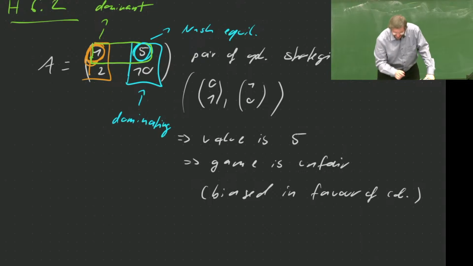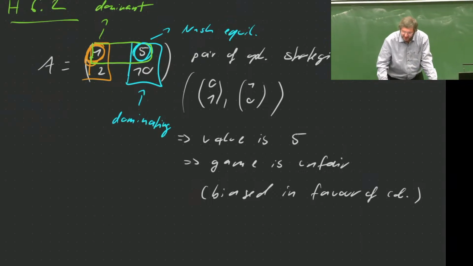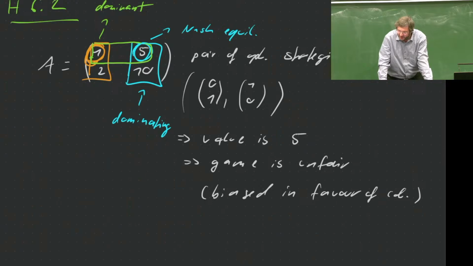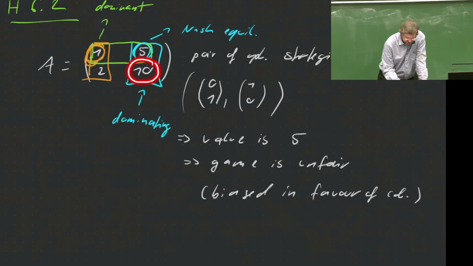One more question I'd like to answer. Could you explain why the column player doesn't choose 1, 2? So why would the column player not choose this point here? And the answer is because he can't. Of course, he would love to be there, because that gets him the best payoff he could hope for. But the column player can only choose a column.